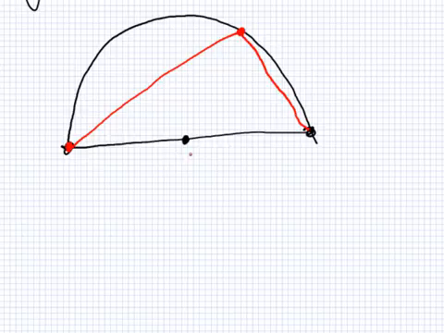I'll call this one the position O, the origin. We can call this one A, we can call this one B, and we call this one R.